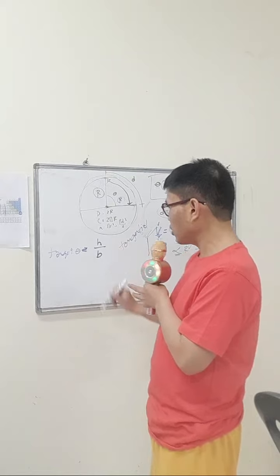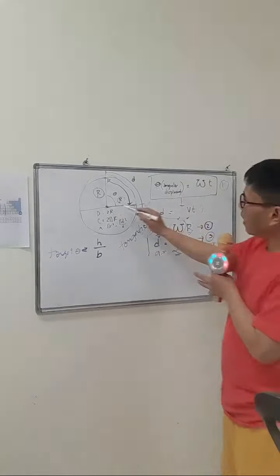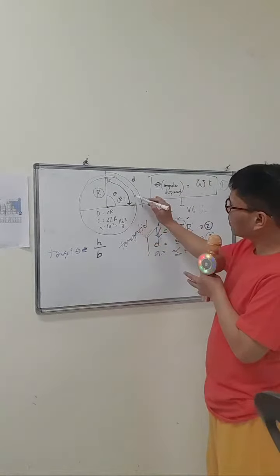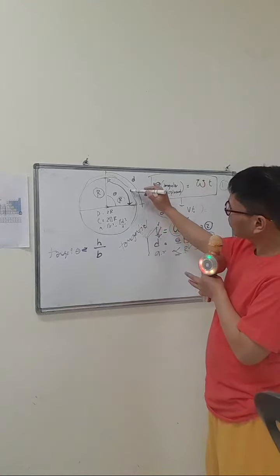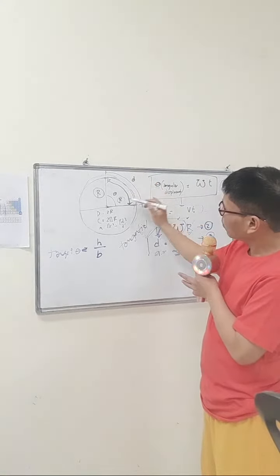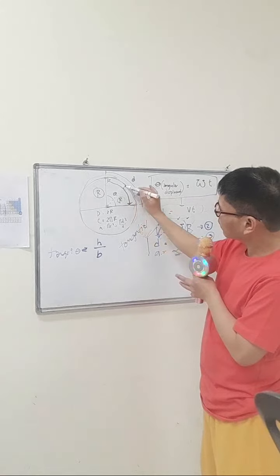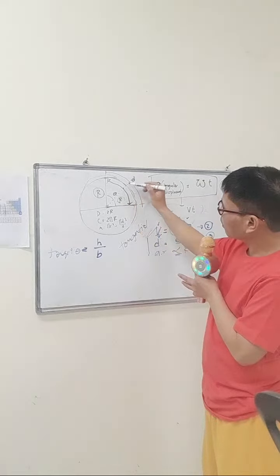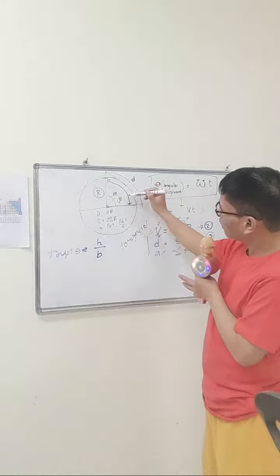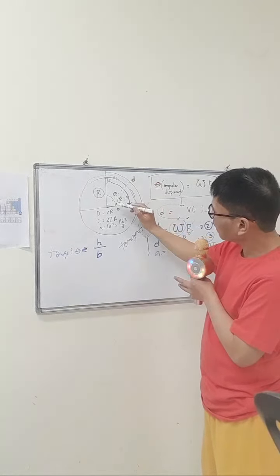If we create an angle somewhere here, we get H and B, the tangent theta.